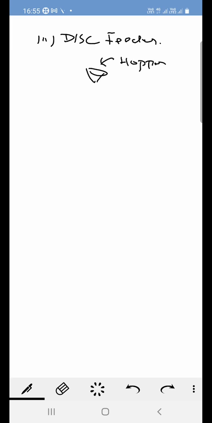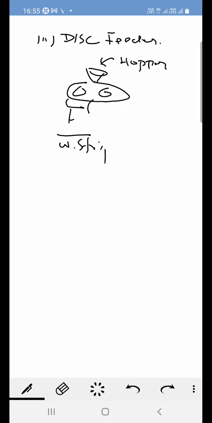Another type of feeder is called the disc feeder, where this is the hopper, and you get a disc, which rotates and allows the material to fall onto this aluminum strip.